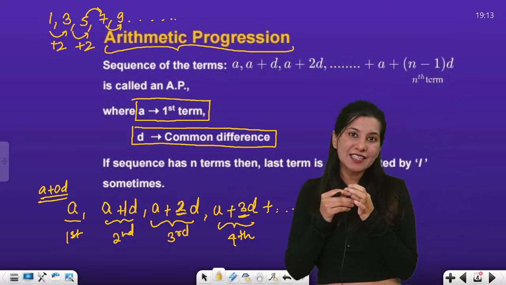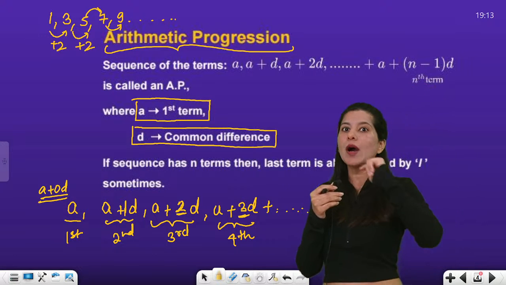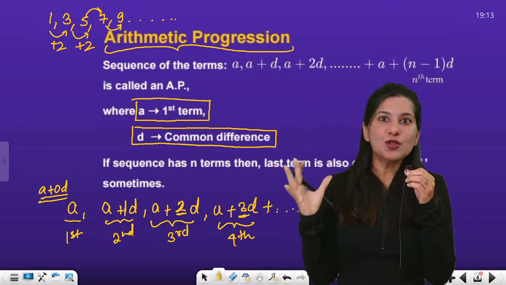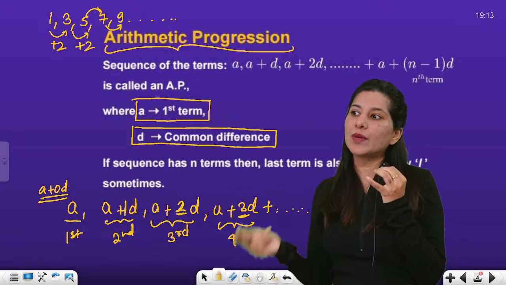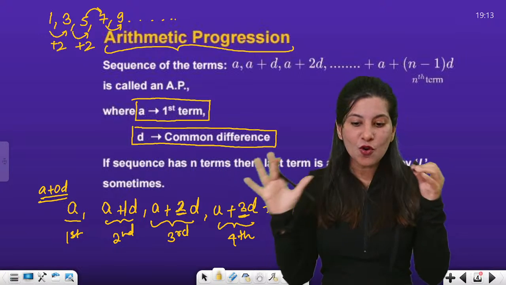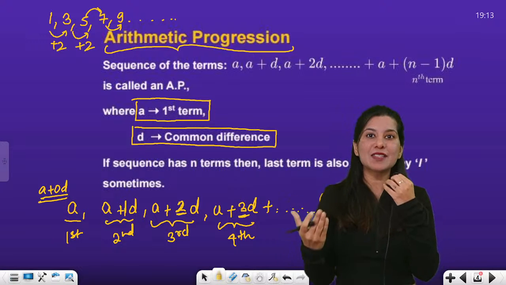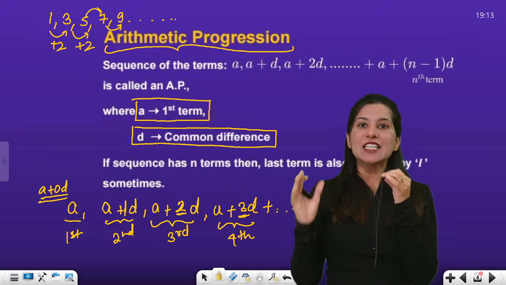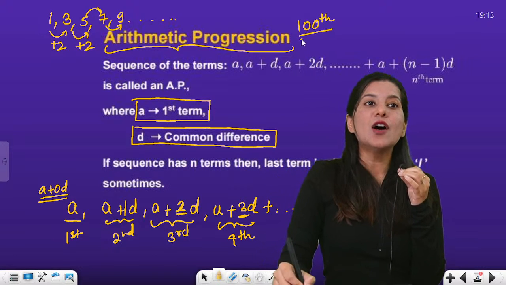So suppose I ask you that we have an arithmetic progression and I want to know the 100th term. You don't calculate step by step, like A plus (100 minus 1)D, A plus 99D. No. We have a direct way, just skip the steps. Now you are grown. You are no more in class 10th, right? So what will be the 100th term of an AP?